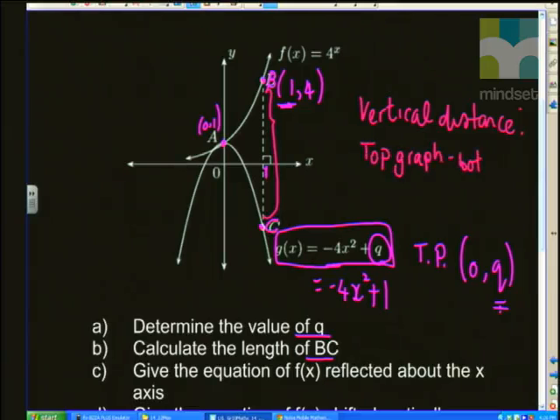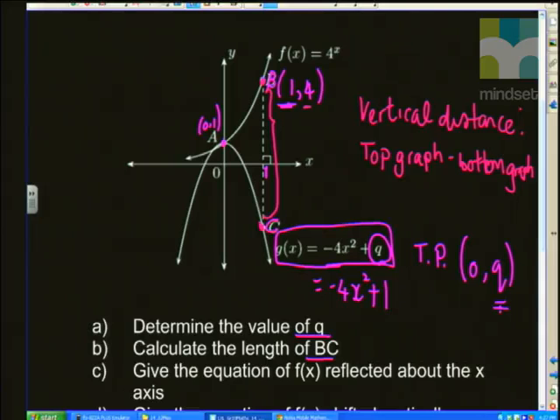In other words, the y value on the upper graph minus the y value on the bottom graph is going to give you the distance BC. So my y value at point B, the top graph, is 4. I need the y value at point C to determine the distance BC, but we don't have it.